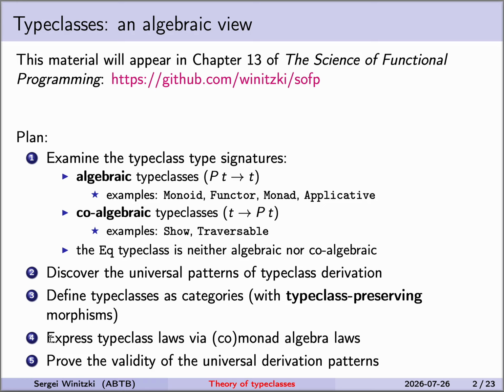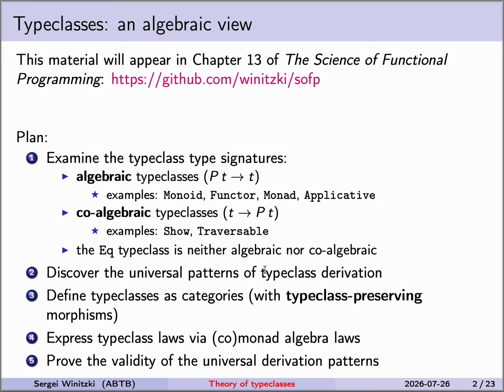Then I will show that we can express type class laws as either monad or comonad algebra laws. So these laws are equations which for each type class are different, but it turns out that you can define a certain monad or a certain comonad, and then all the laws will be coming from a single universal equation. And using that, we can actually prove that the universal derivation patterns that we discovered here heuristically are valid, that they also conserve the laws.